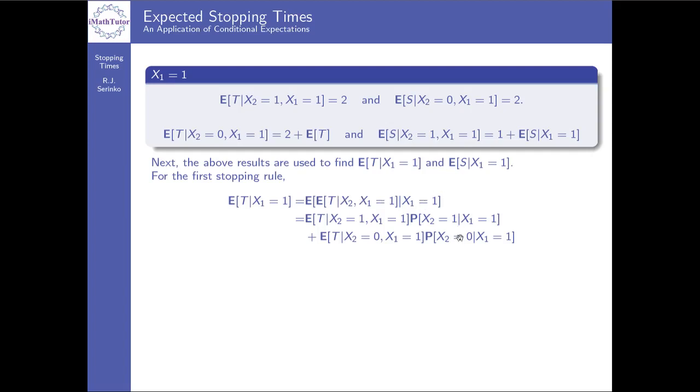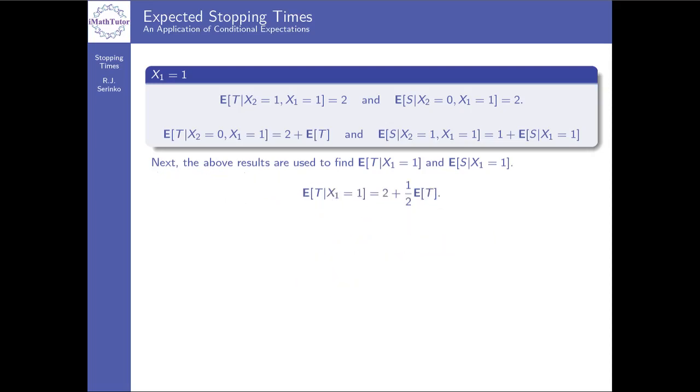So these probabilities must be conditioned on x1 equals 1. However, we have independence, so we can drop those conditions and make substitutions from above to obtain the fourth equation on the right. This simplifies, and we therefore have that the expected value of t given x1 equals 1 is 2 plus a half times the expected value of t.